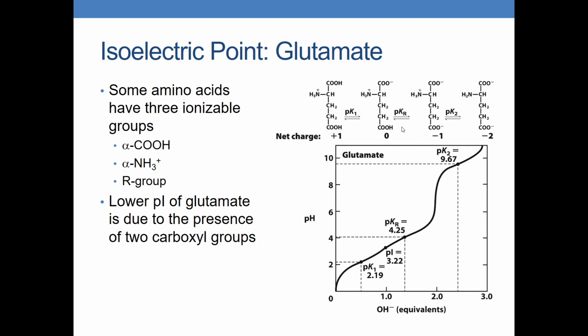So at the pI, which is the average, the midpoint between these 2 pKa's, I have maximally populated my neutral species. So here, the pI is calculated as the average of 2.19, or pK1, and 4.25, or pKr, my side chain pKa. And the average of those 2 pKa's is 3.22, which gives me my isoelectric point.